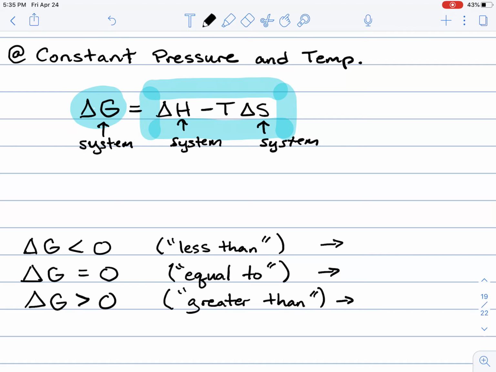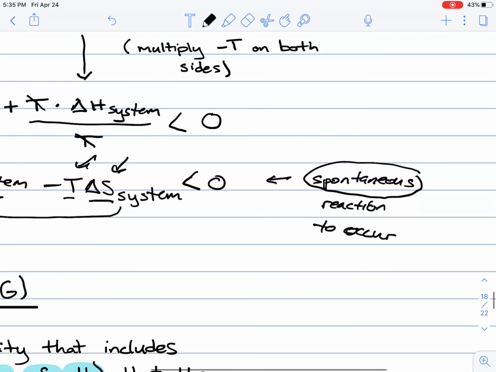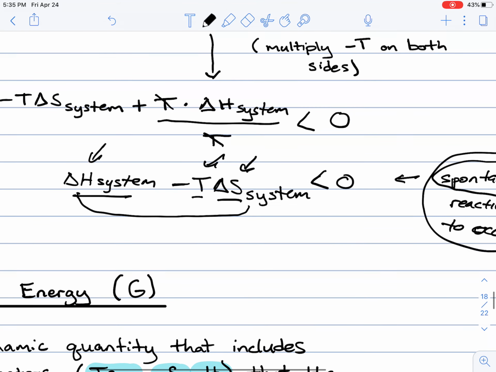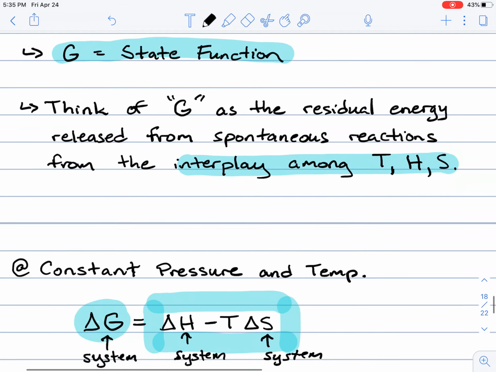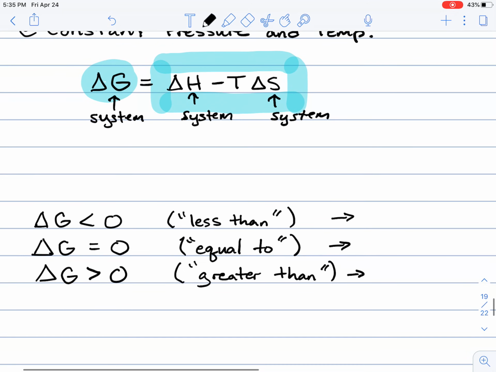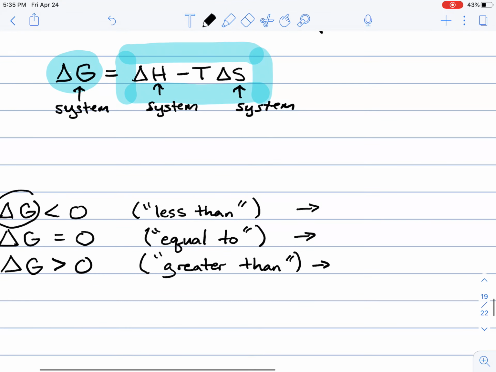If you recall, for a spontaneous event to occur, all of this must be less than 0. And so if the change in Gibbs free energy is less than 0, then this is telling us that the reaction is going to be spontaneous.